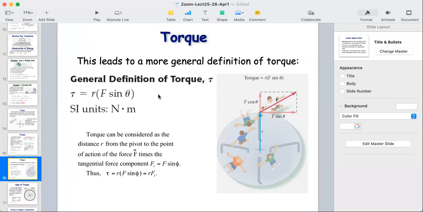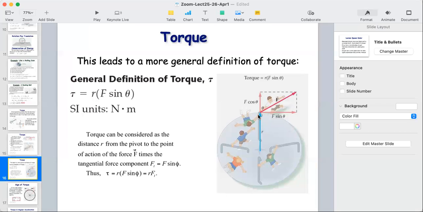For example, if this is the force, tau is R F sin theta. F sin theta is essentially the component of the force perpendicular to R, okay?